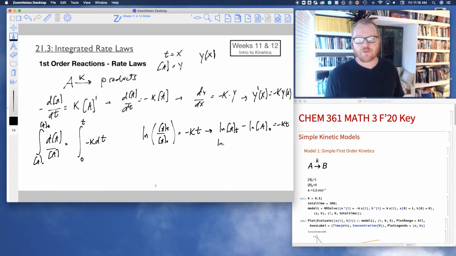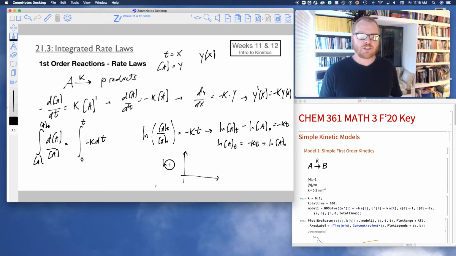So rearranging further, the natural log of A at time t equals negative kt plus the natural log of A0. And now if I were to plot the natural log of A versus time, I will get a straight line with a negative slope. And the slope of that line is the rate constant.